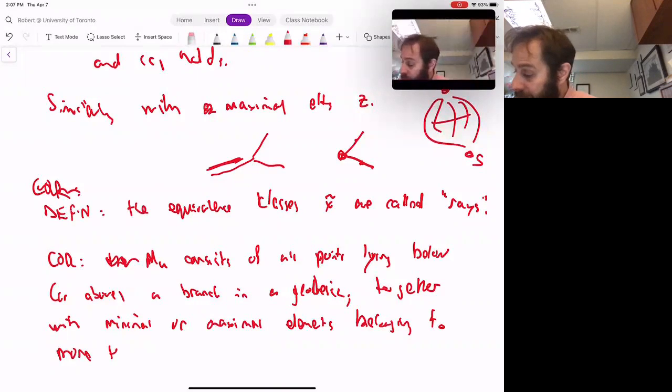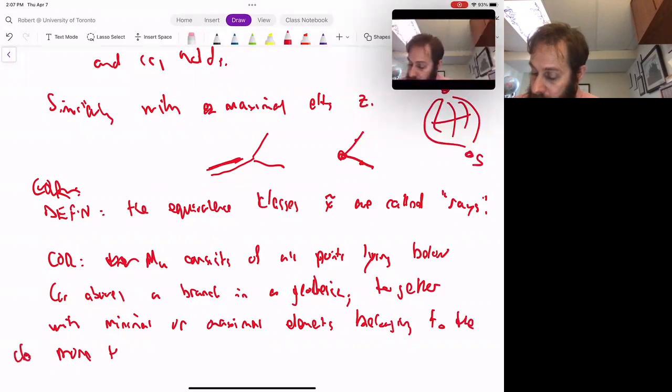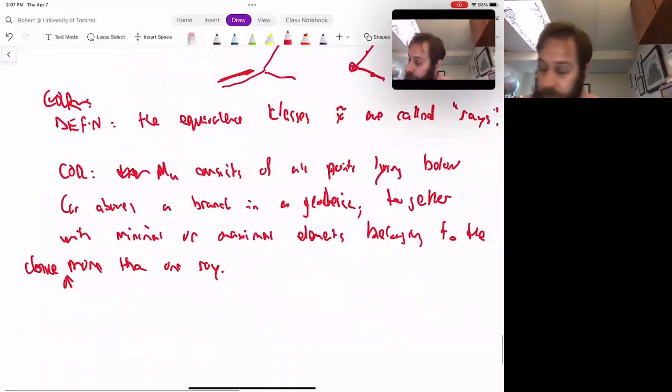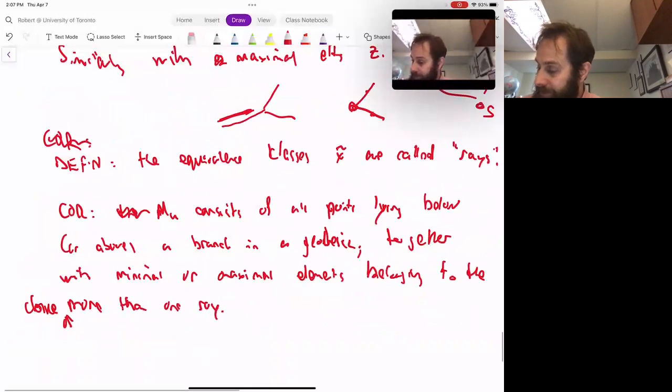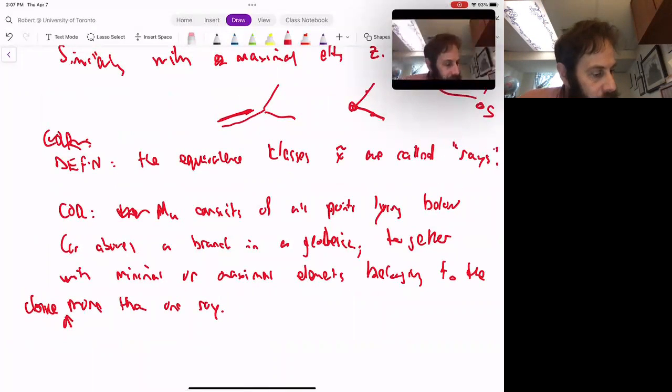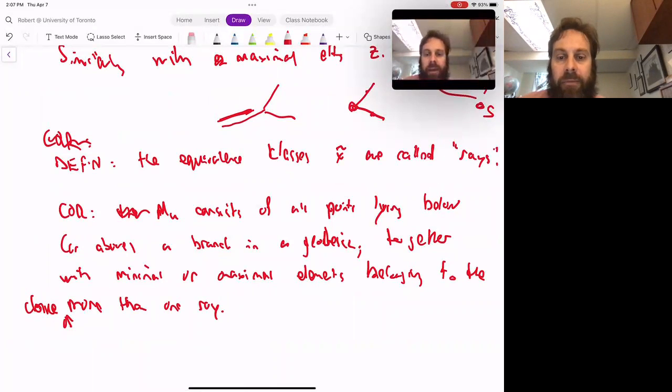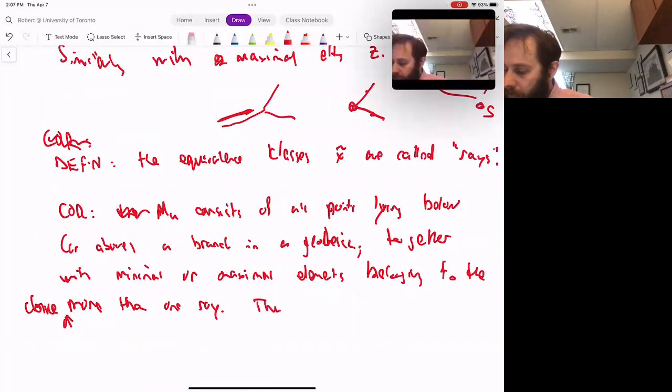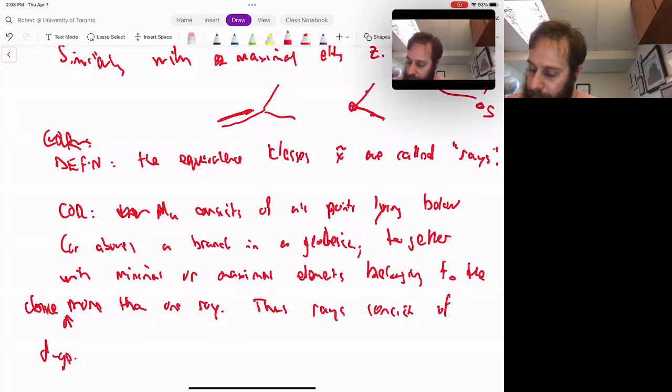The closure of more than one ray. And that's basically everything. And so therefore, thus rays consist of d-geodesics minus one or both endpoints.